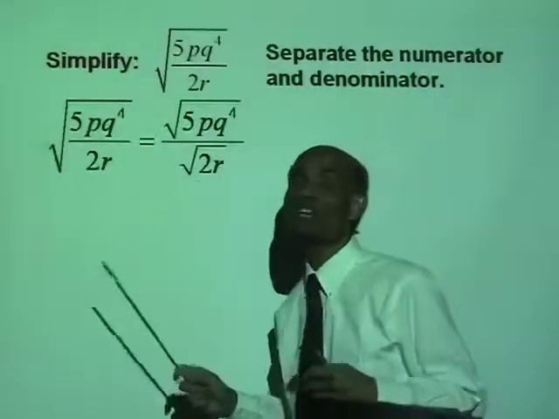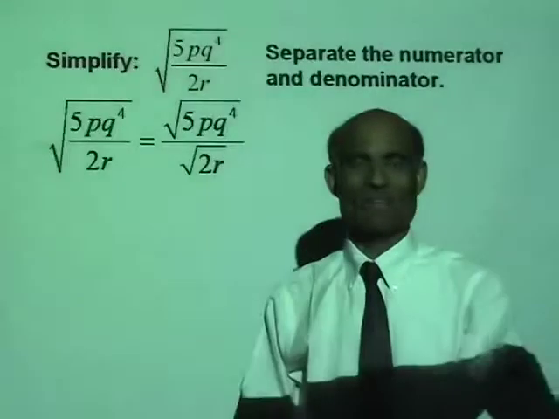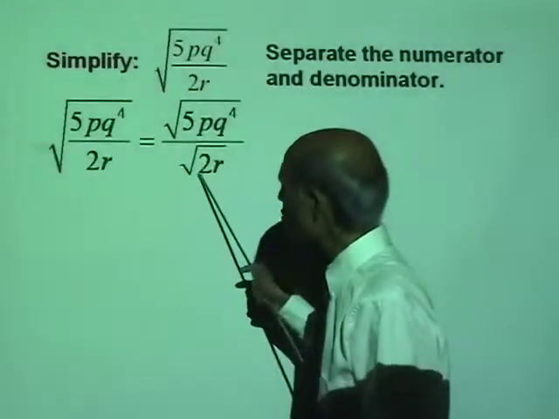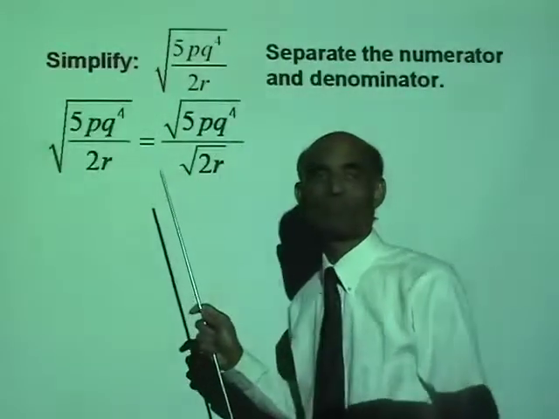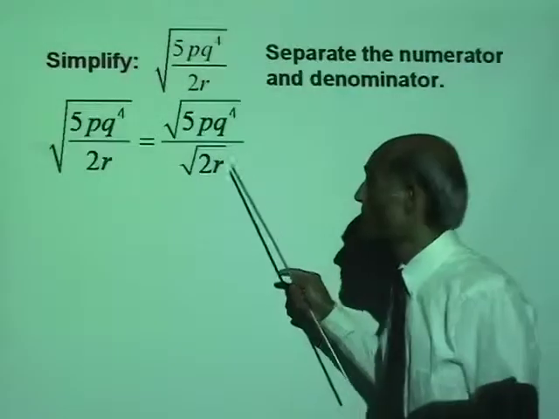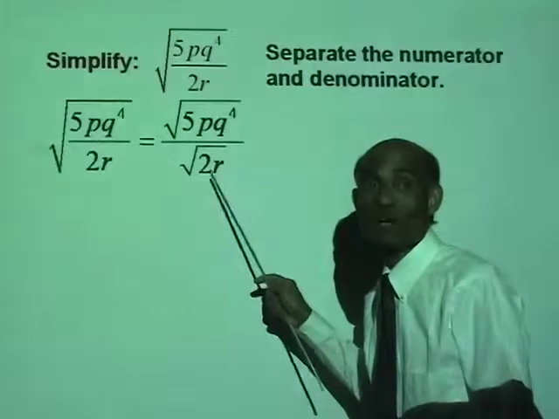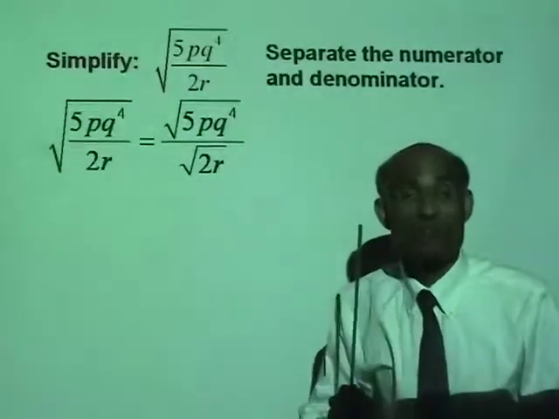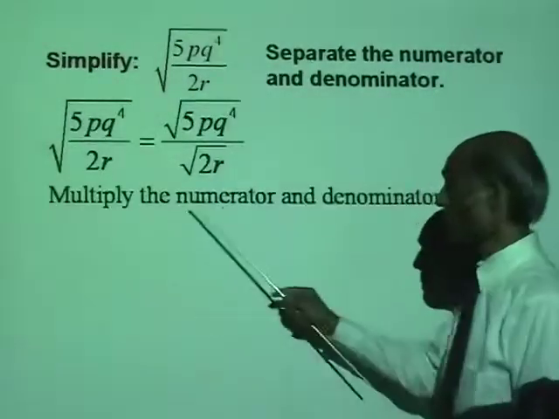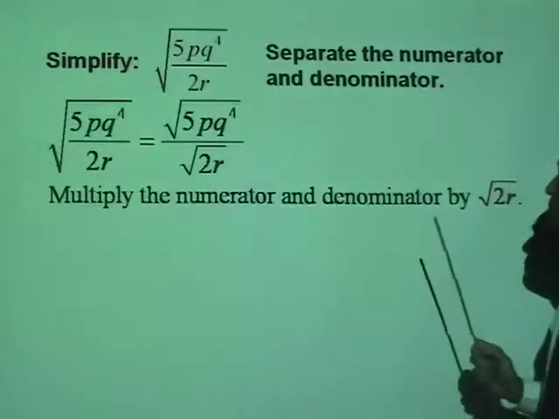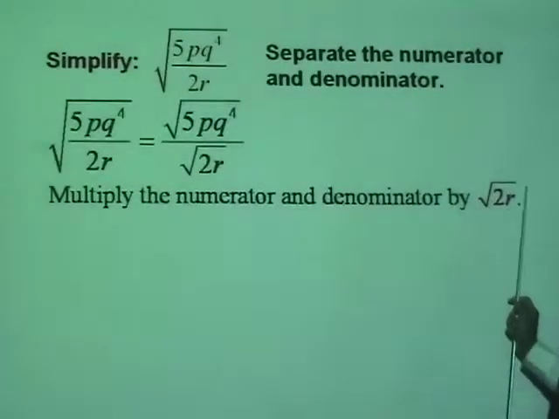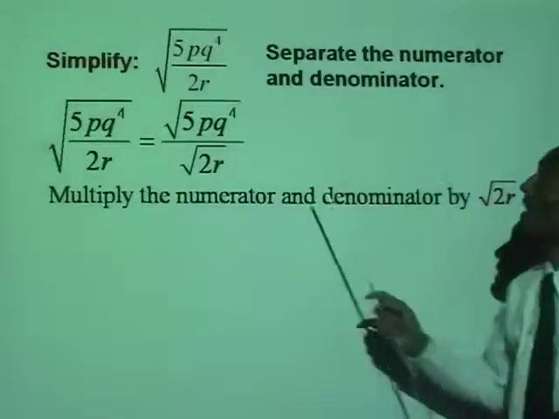That means we need to rationalize the denominator. Now, how do we rationalize this denominator? Well, multiply numerator and denominator by square root 2r. Alright, multiply the numerator and denominator by square root 2r.